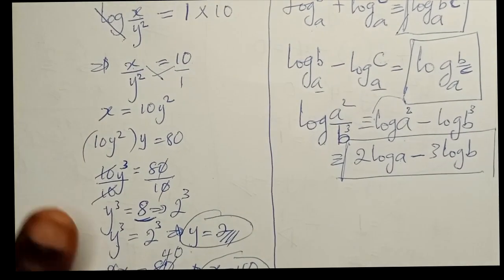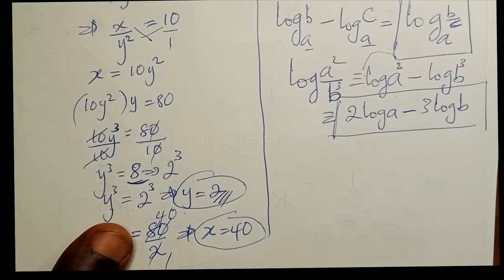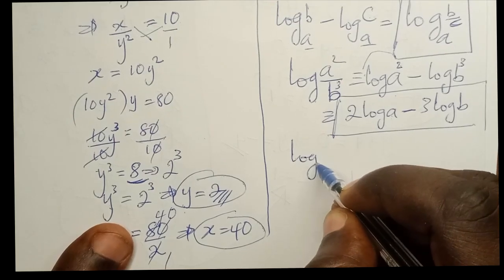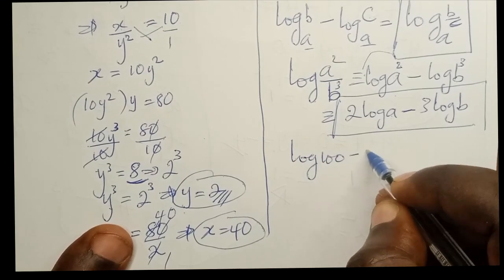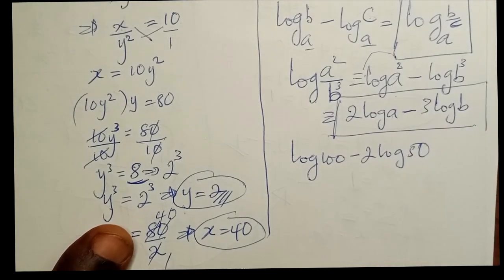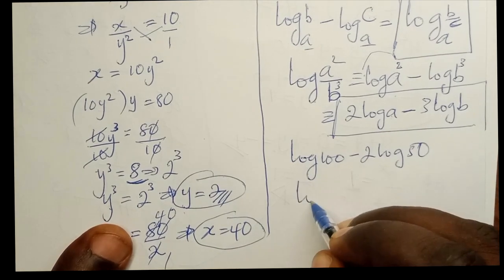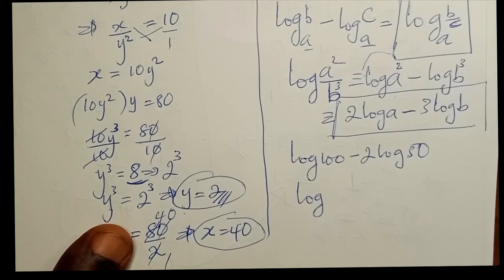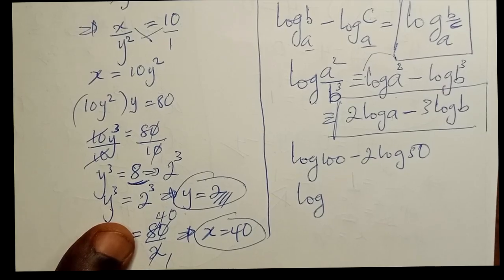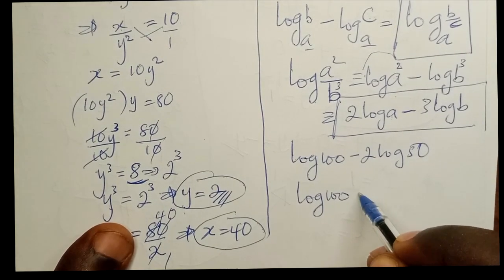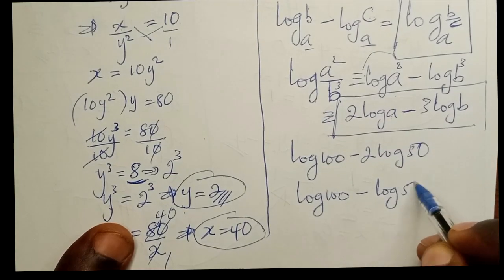And the next rule is when we are taking a minus sign between logs having the same base. Let's assume log of 100 minus 2 log of 50 as an example. Since it is minus, we can go ahead and divide. But before we divide, we first express log 100 minus log of 50 to the power 2.